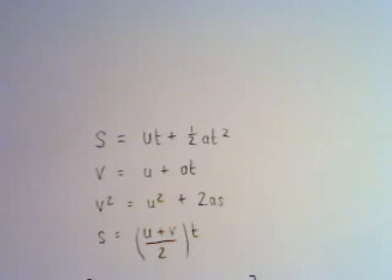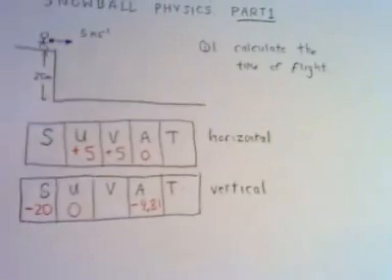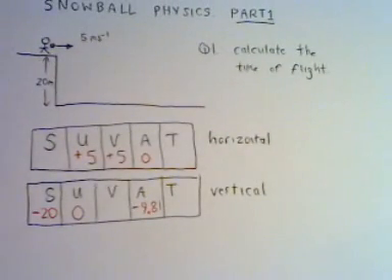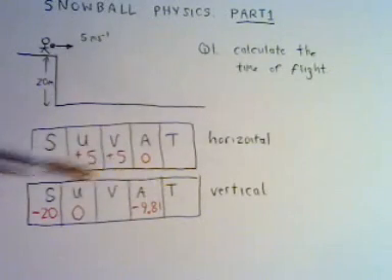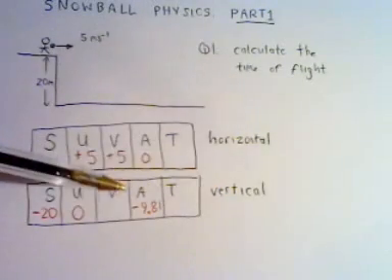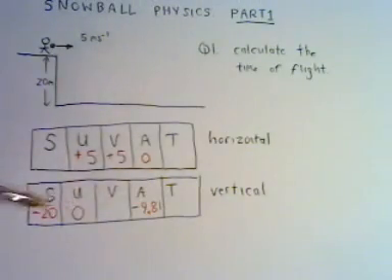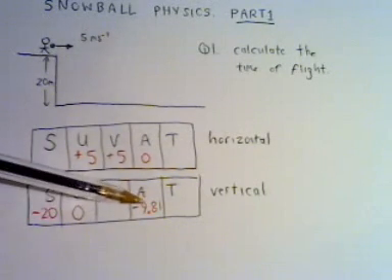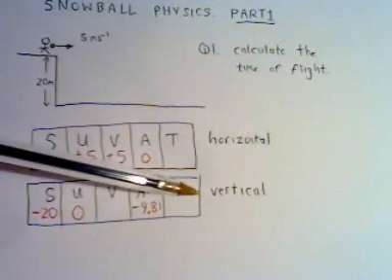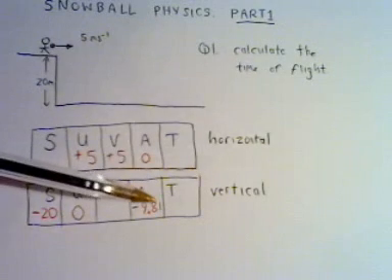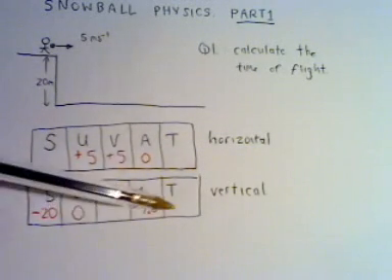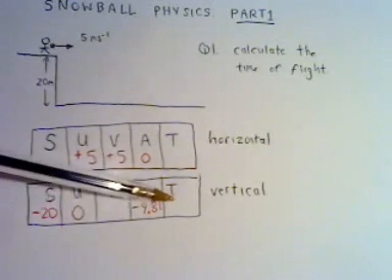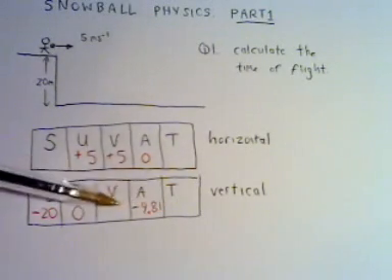Well, let's just have a look back at our grids here. The question is calculate the time of flight. So if we look at our vertical grid here, we've got 3 bits of information, 3 values. Normally in a grid, especially in a vertical grid, if you have 3 values, you can easily use the equations to calculate the other 2.